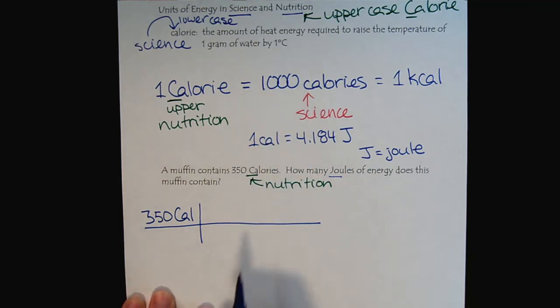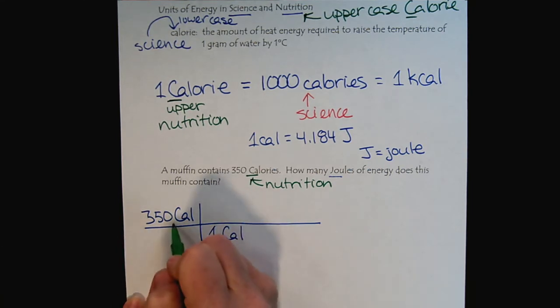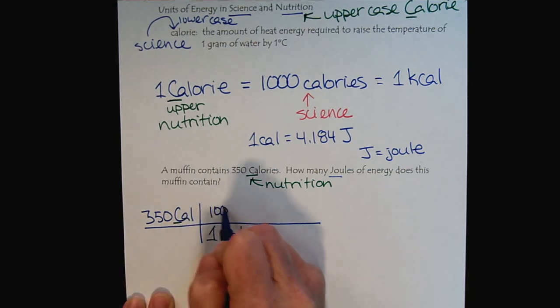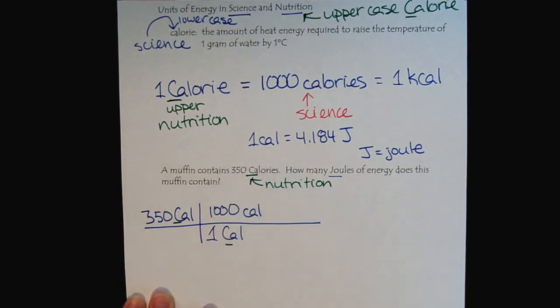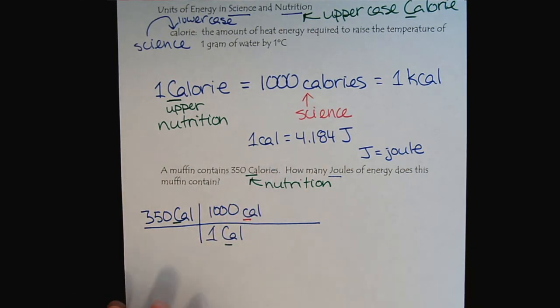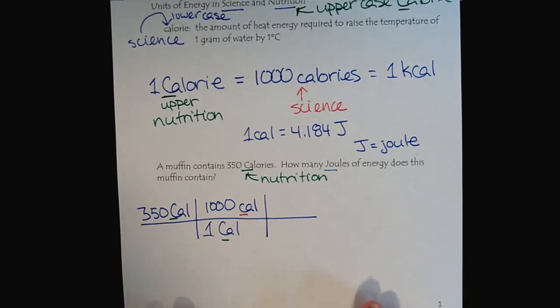All right? So for every nutrition calorie with the uppercase C, we will have 1,000 science calories with the lowercase c. So when you're doing quizzes and tests, you have to make sure that you're very careful with your penmanship so that you communicate your knowledge to your professor.